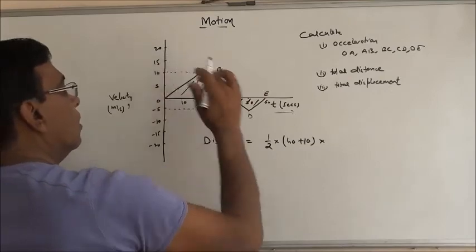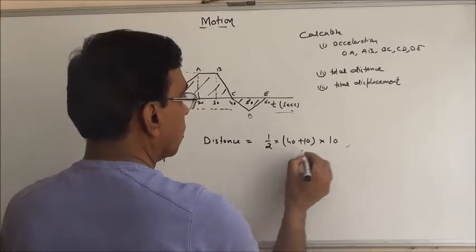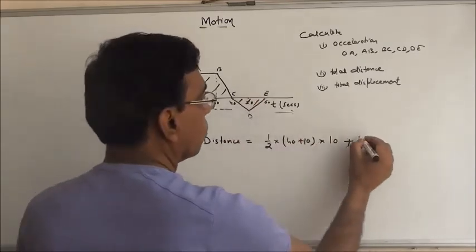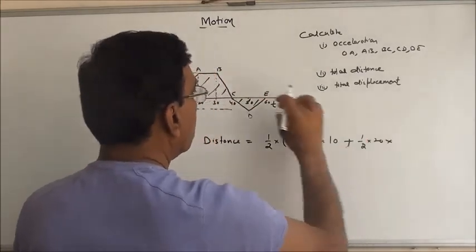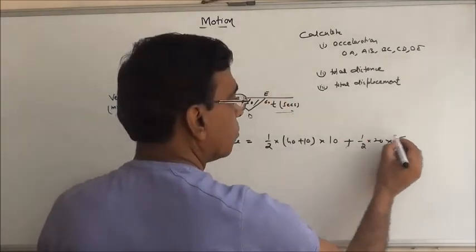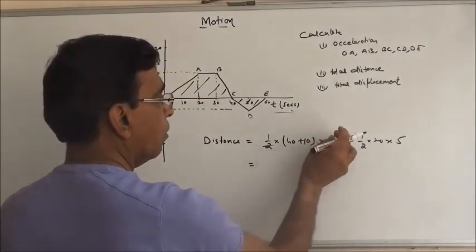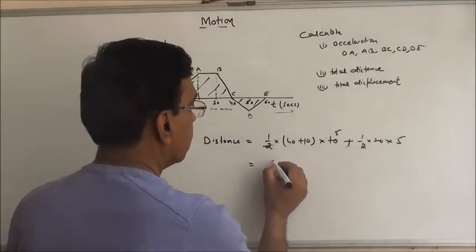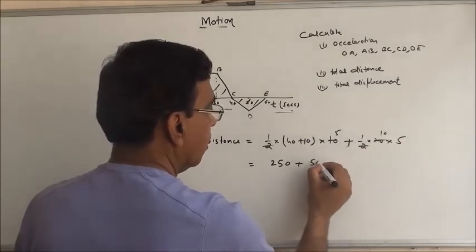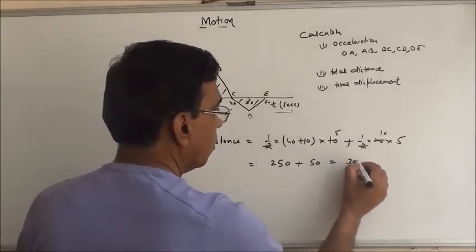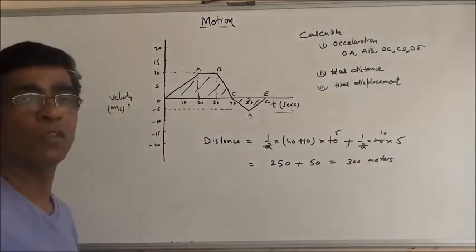How much is this? 10. So it is this plus this triangle also. Half base into height: this is 50, 50 into 5. So 250 plus 50 gives 300 meters. This is the total distance.